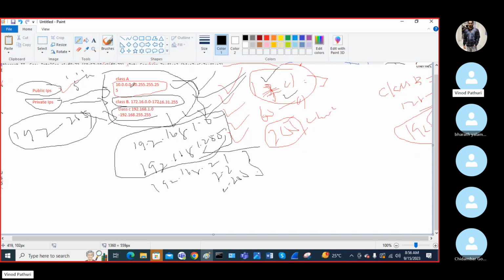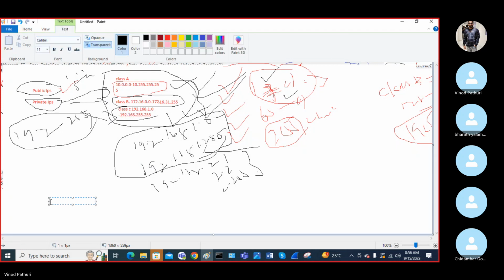So what is the subnet mask of class A? How many networks do we have in class A? One. So the subnet mask of class A is 255.0.0.0.